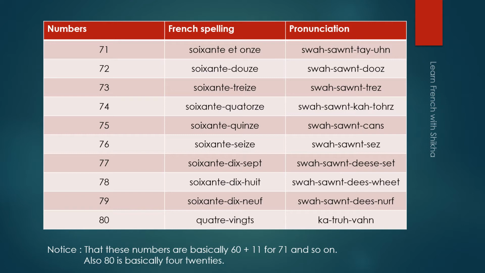Example, 71 is soixante et onze. 60 is soixante and 11 is onze. So 60 plus 11 comes out to be 71. Let's start the pronunciation now.